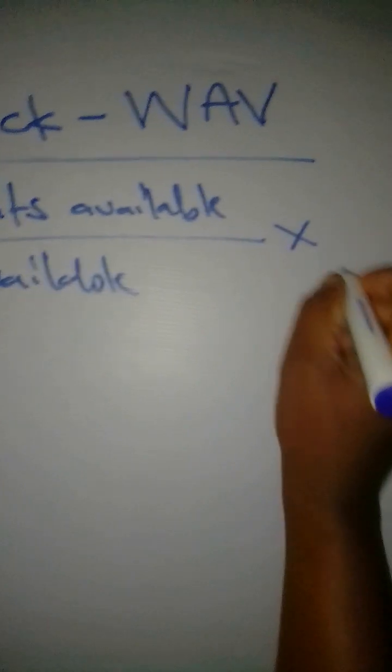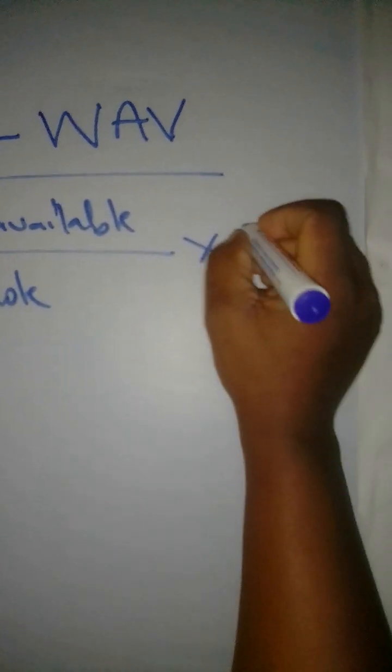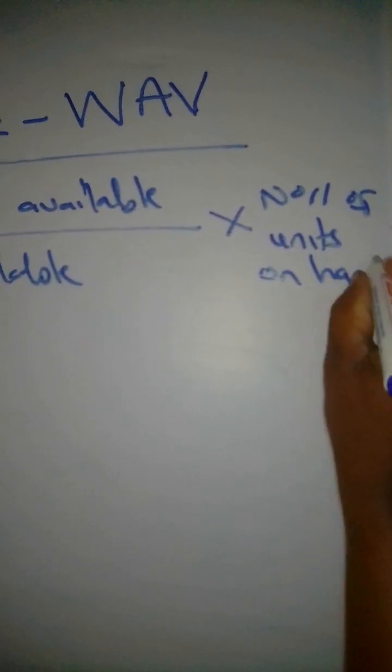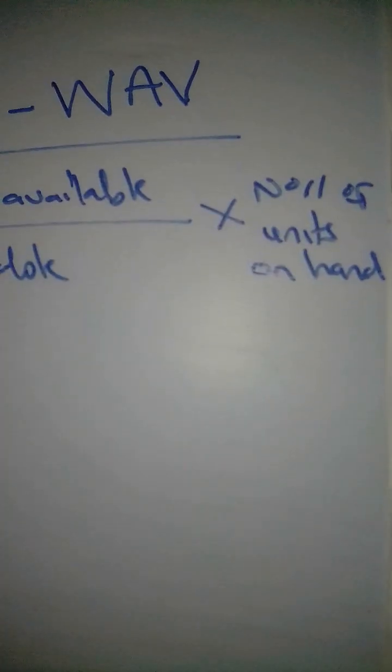What is it that we want to calculate? The closing stock. So we multiply by the number of units on hand. This is the formula that we are going to use.